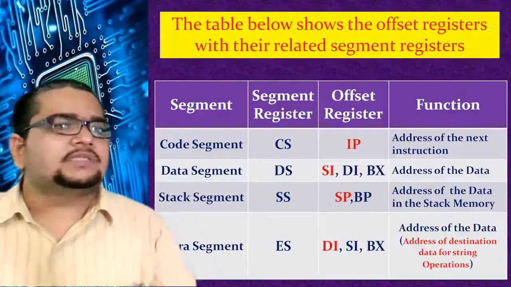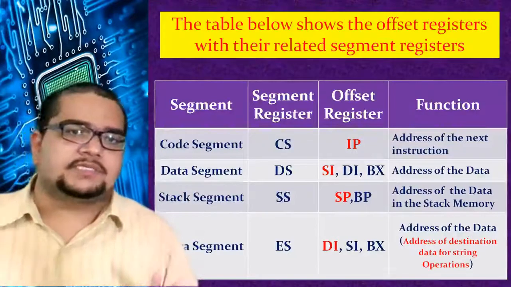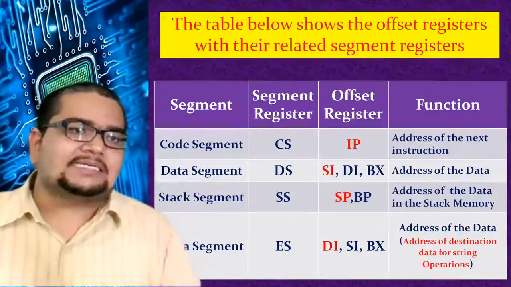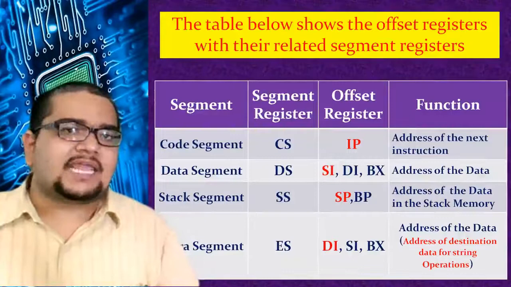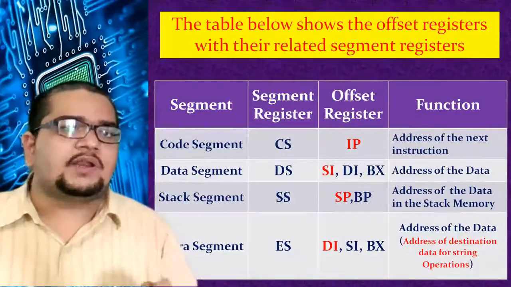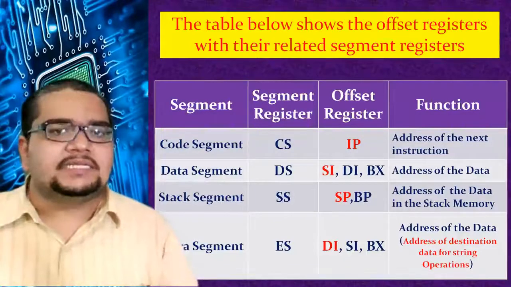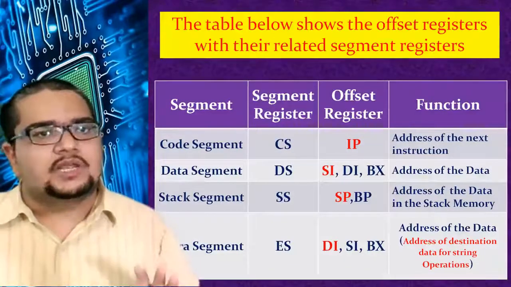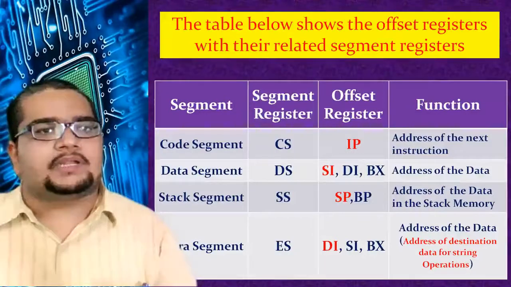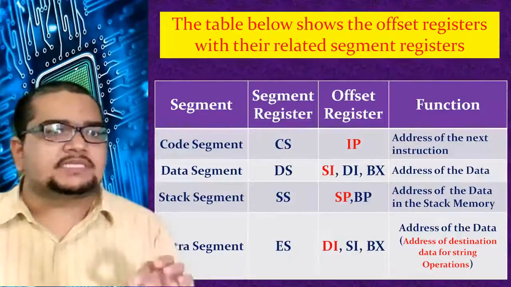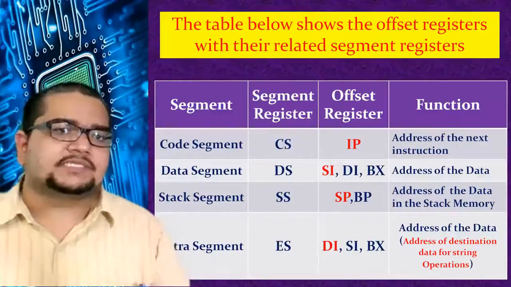No other register can take the place of the IP register. Whereas when accessing data from the data segment, SI is used in general for the offset address, but in some cases DI and BX can also be used. We will elaborate on those cases when we discuss the addressing modes of 8086.